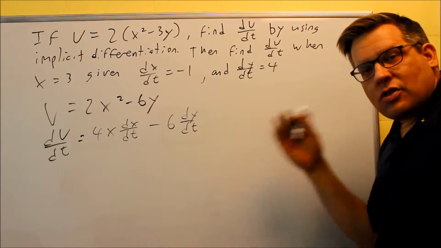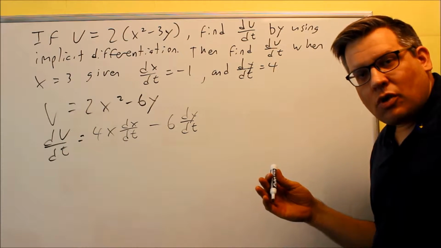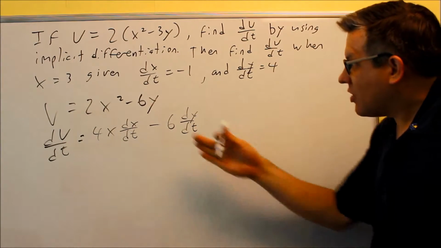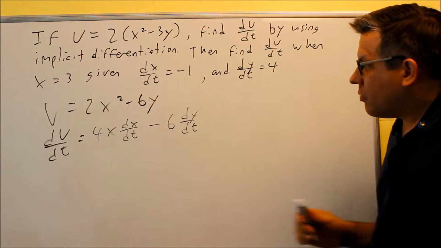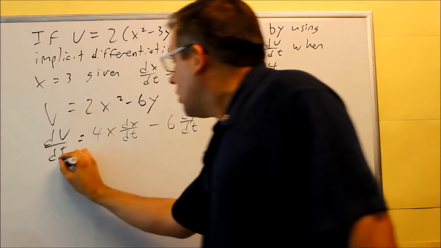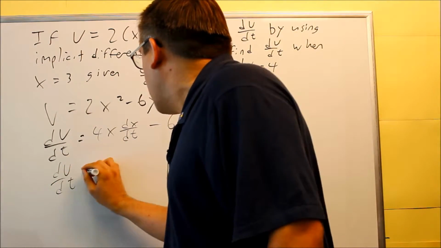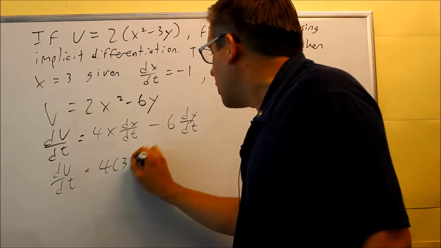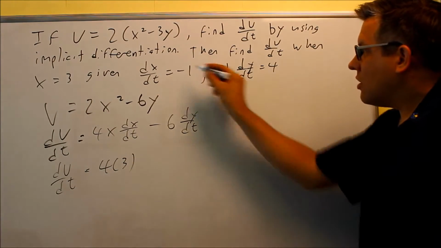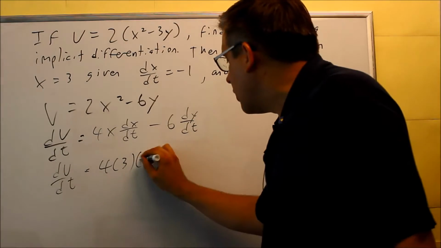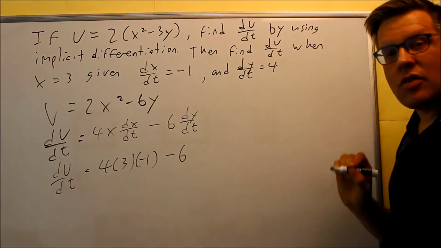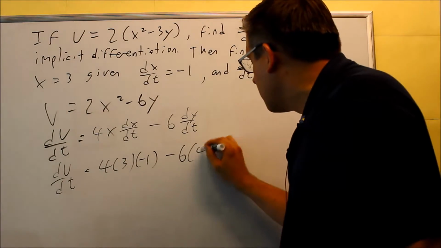Now usually in these story problems they're going to give you some numbers that you can plug in and you can get a numerical answer. In this case they just tell you all 3 things to put in. So we want to find dv dt, but we're putting in a 3 for x. I have 4 times 3. dx dt is given as -1, so we'll put that in here. Minus 6, and then dy dt, they give us that dimension also. It's 4.